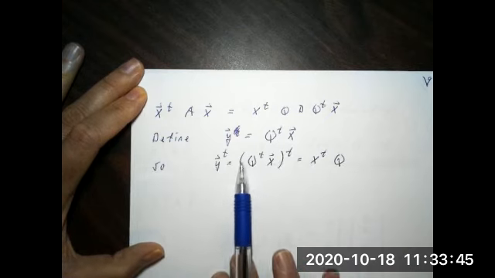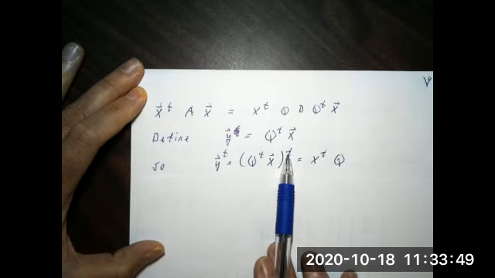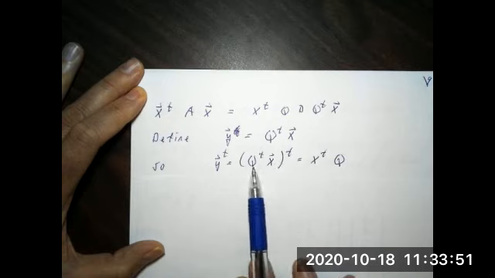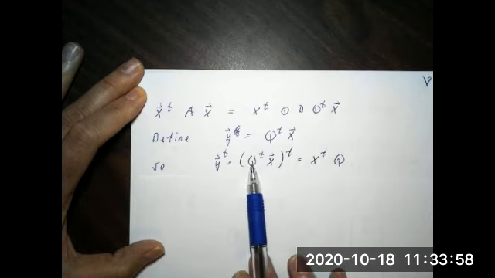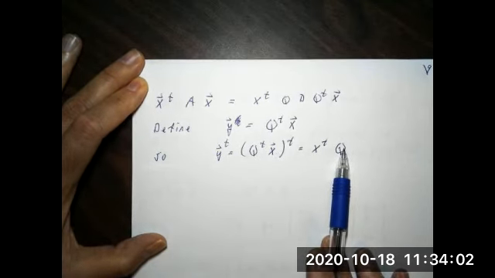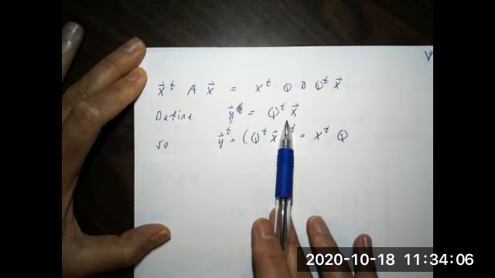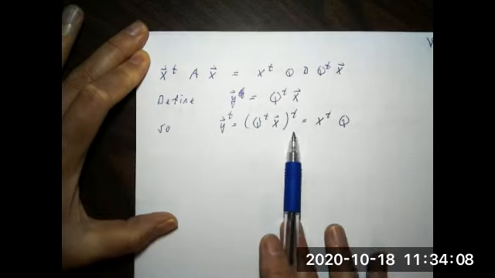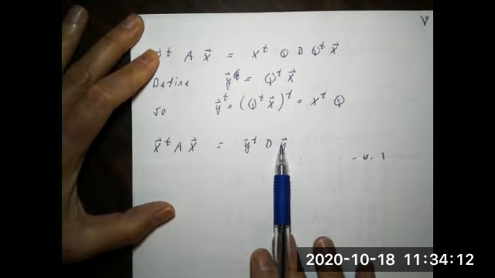In this case, y transpose would be (Q transpose x) transpose. And when we take the transpose of a product, we take the product of the transposes in reverse order. So this would be x transpose times the transpose of Q transpose, which is just Q. So let's take x transpose Q and replace it with y transpose. So x transpose Ax is y transpose Dy.